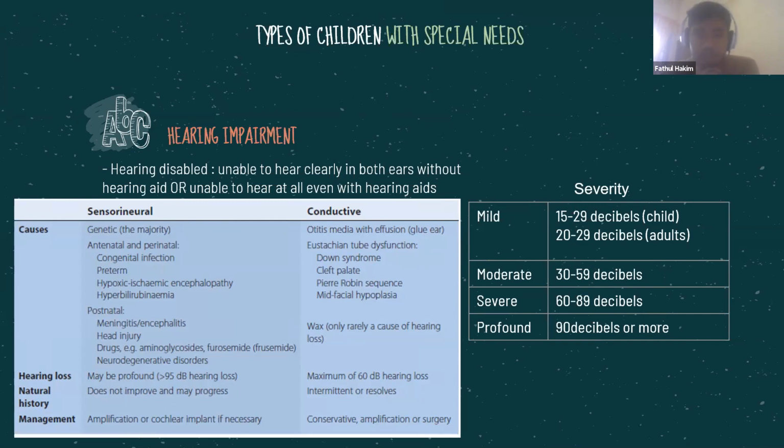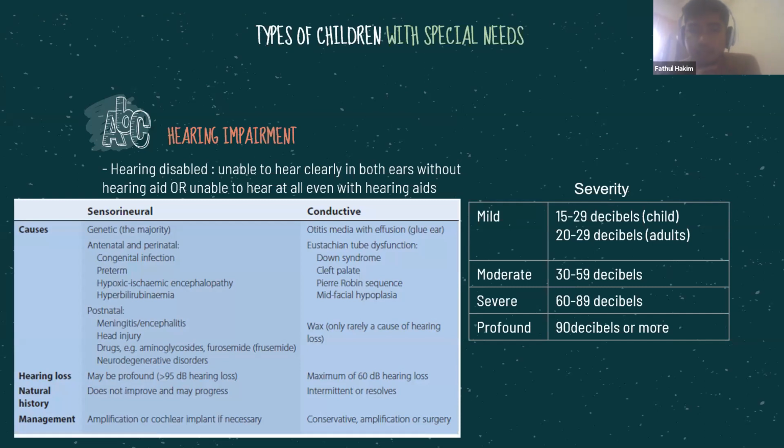So there is mild to moderate hearing loss. For sensory neural, we can manage them with amplification or cochlear implant if necessary. For conductive, we can give conservative treatment with antibiotics, or if there is effusion, we can insert a grommet.